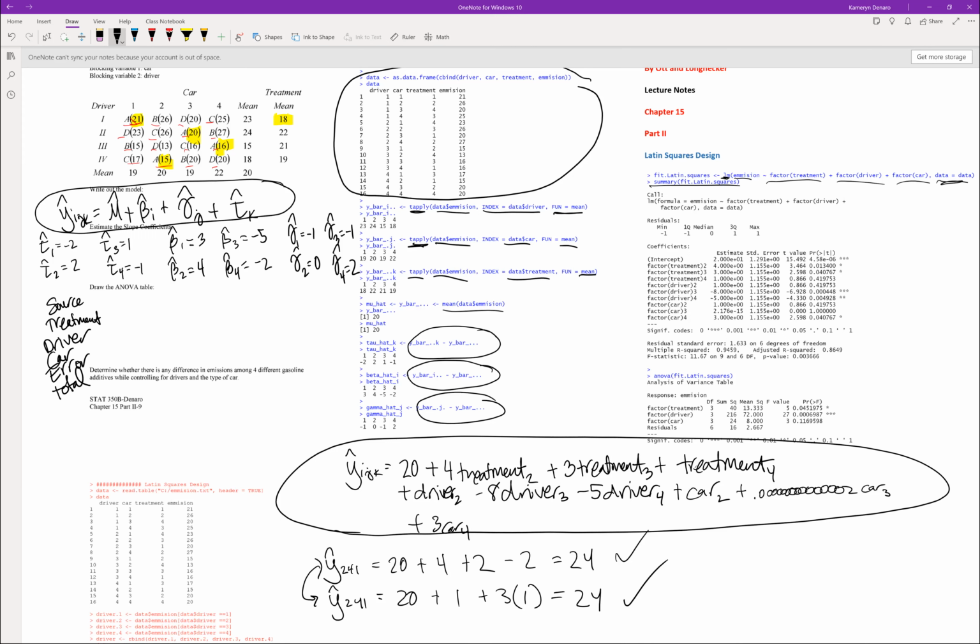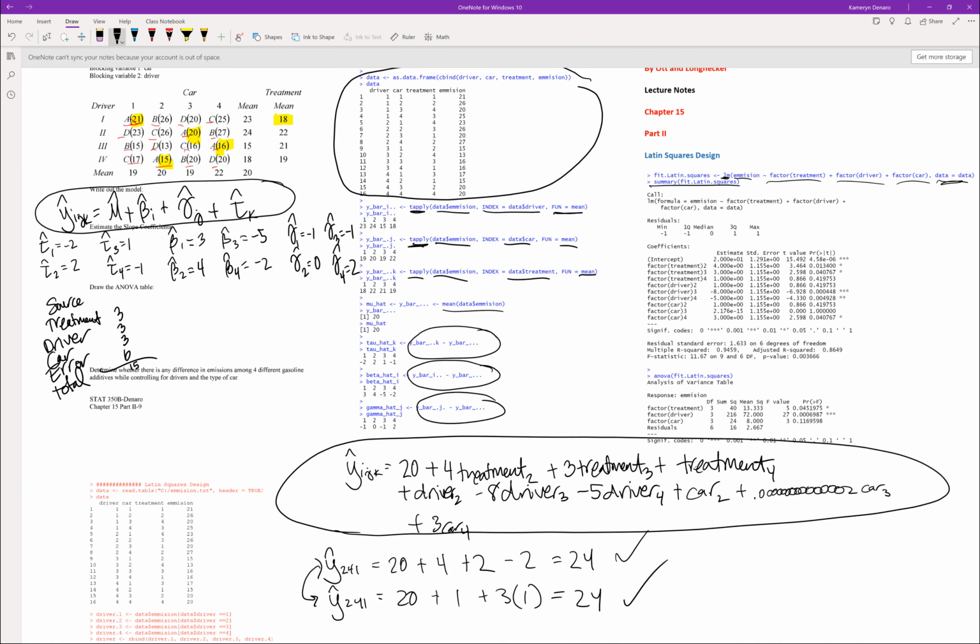So there are 4 treatments. That means the degrees of freedom are 3 for each of those. And then our residual degrees of freedom should be 6, because all of those have to add up to 15, because essentially we have 16 observations minus 1. So that should give us our 15.